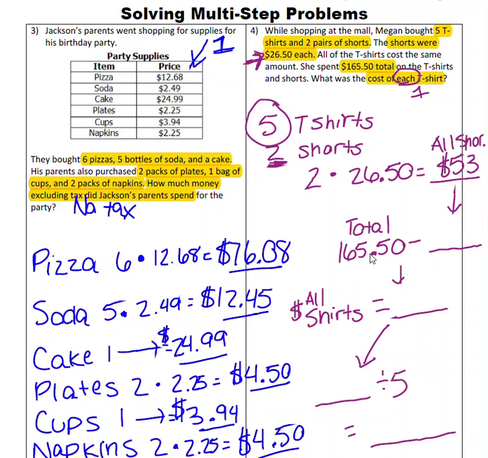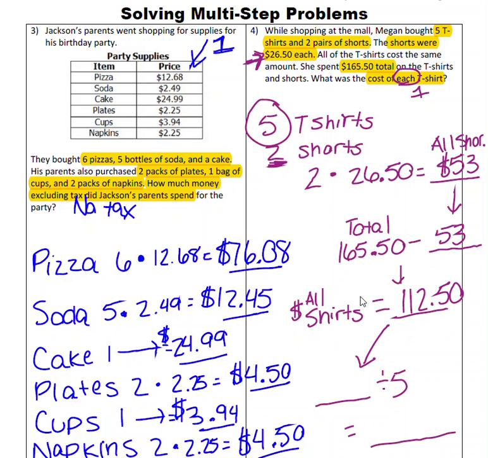Then I'm going to take the total, and I'm subtracting that $53 for all the shorts out of it. So I'm going to use my calculator. $165.50 minus this $53 gives me $112.50. So that's the price of all the shirts.